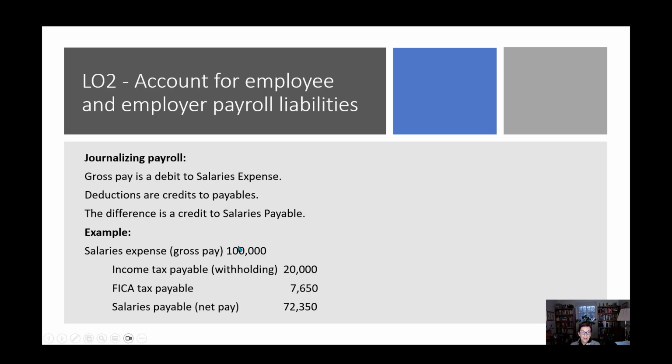The gross pay minus the deductions, the $20,000 and the $7,650, gives us the net pay, and that's the credit to salaries payable. Now, if they're paying the whole amount today, that could be a credit to cash instead. All right? So the gross pay minus the deductions gives us the net pay.